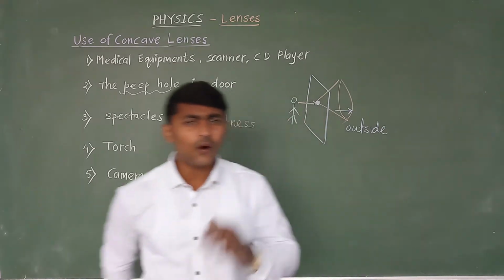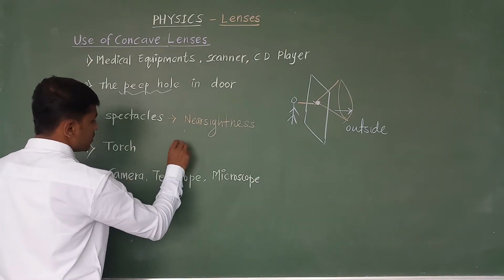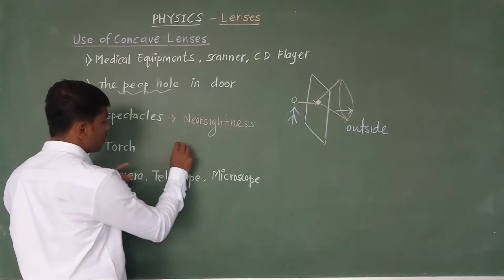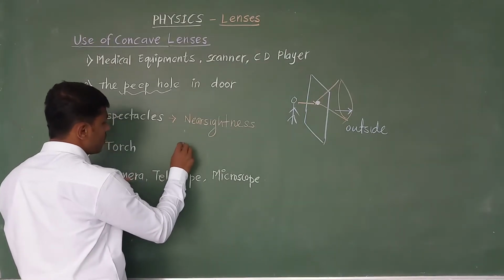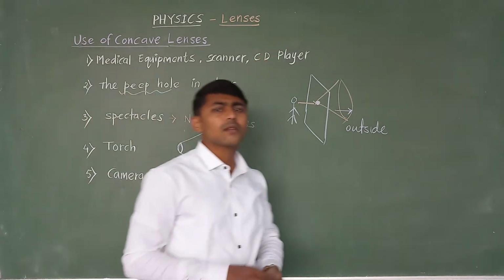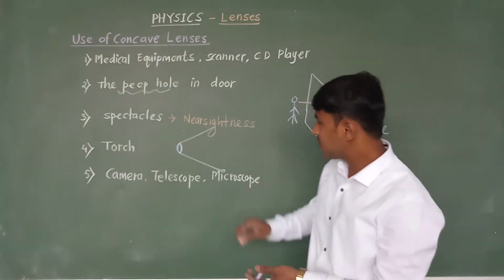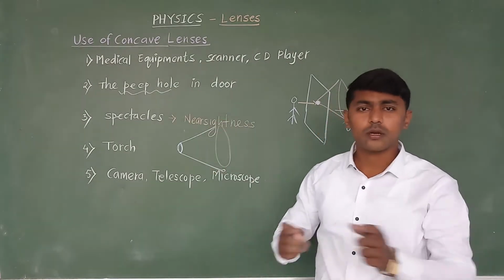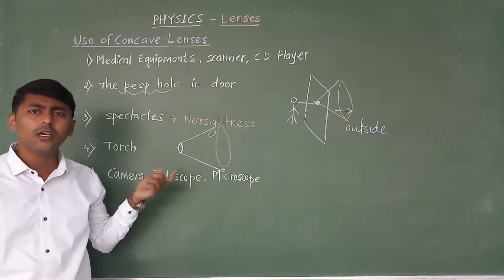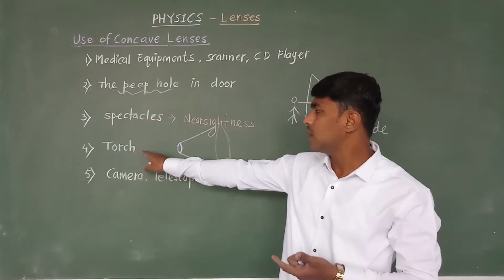It is used for spreading light. Here is the bulb of the torch, and here we use a concave lens so that it can diverge the light coming from the torch. So we can cover a large portion by using that torch. This is the use of concave lens in a torch.